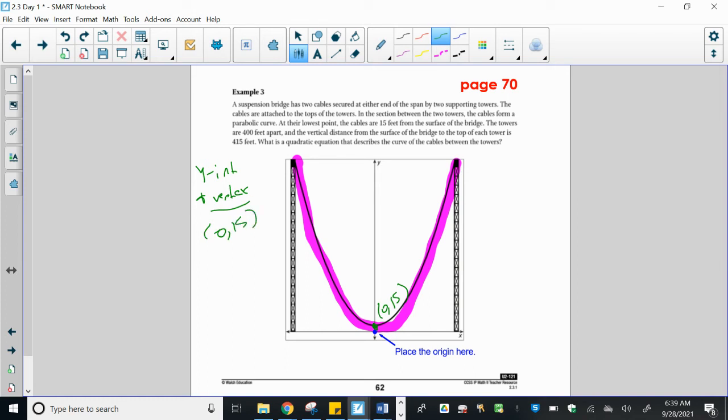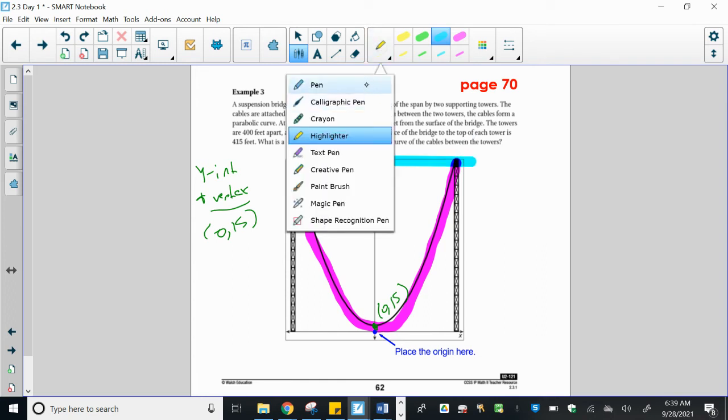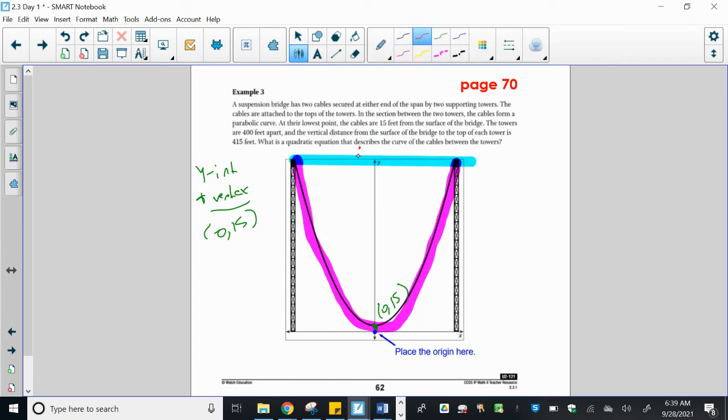It says the towers are 400 feet apart. So it's saying all the way across from tower to tower, that section is 400. And the vertical distance from the surface of the bridge, so the bridge would be all the way at the bottom here, to the top of each tower is 415 feet.